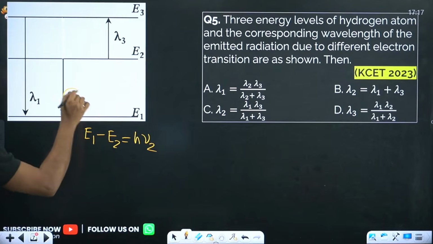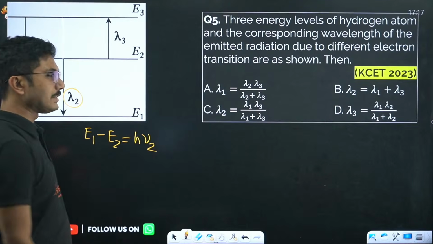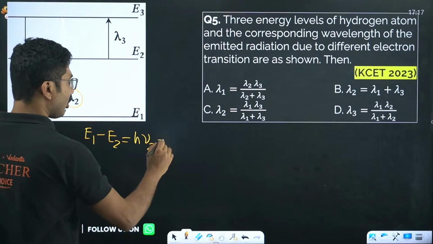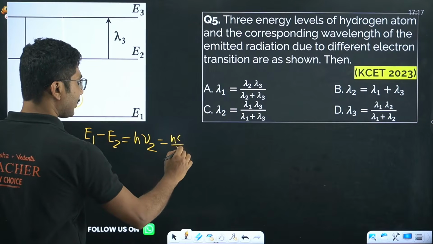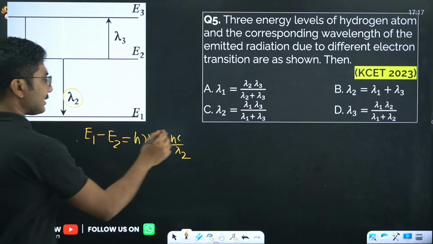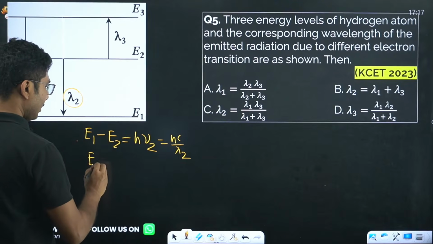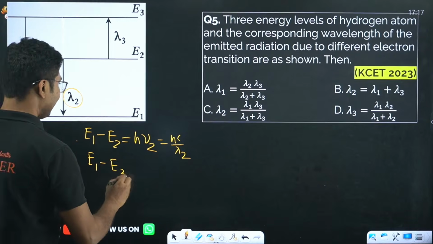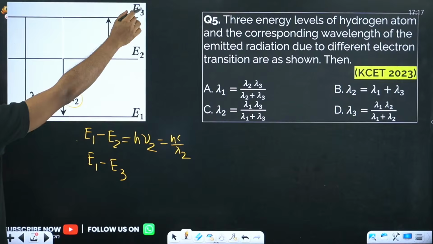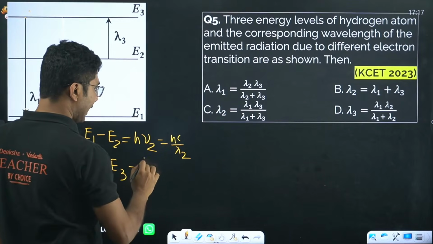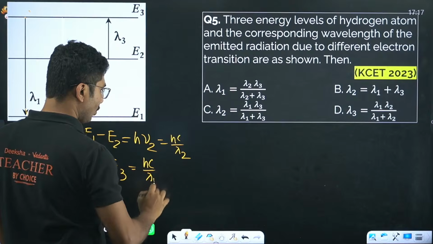This is the wavelength, so corresponding frequency nu 2, so E1 minus E2 is equal to h nu 2 or hc by lambda 2. And E1 minus E3 equals hc by lambda 1.